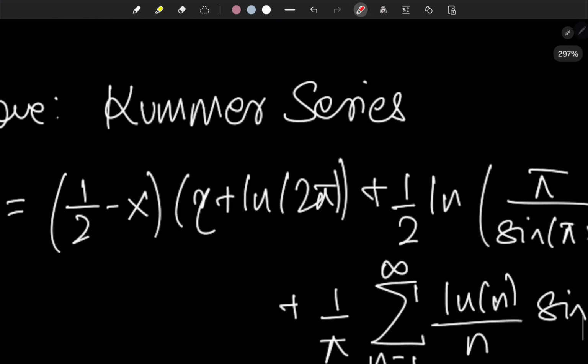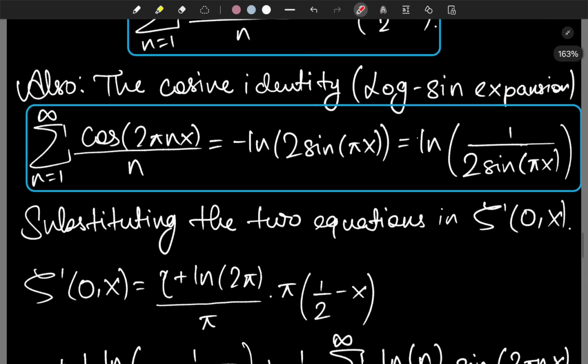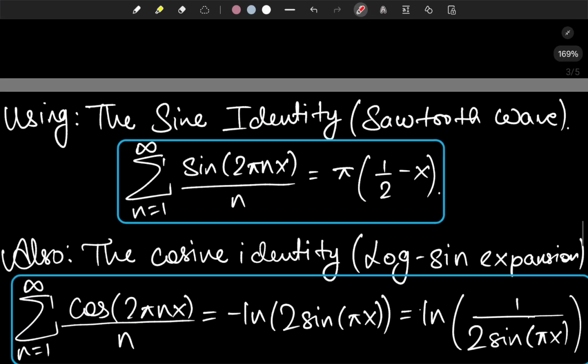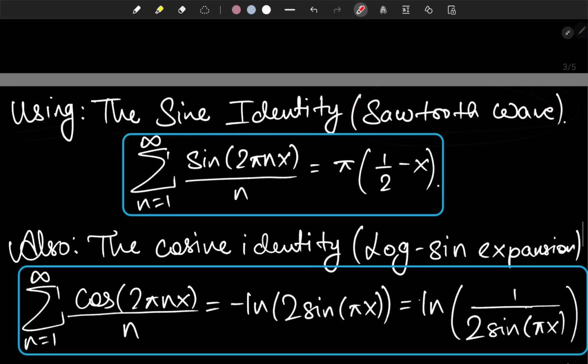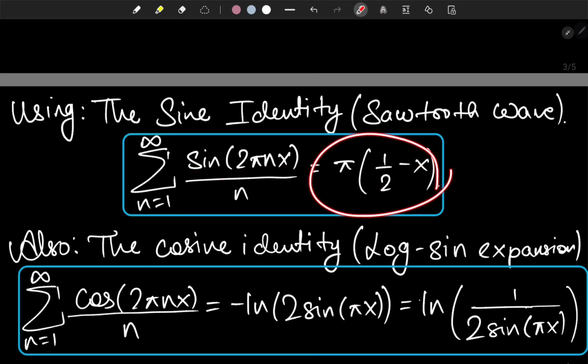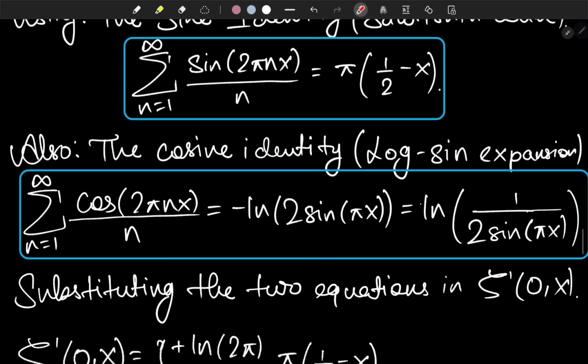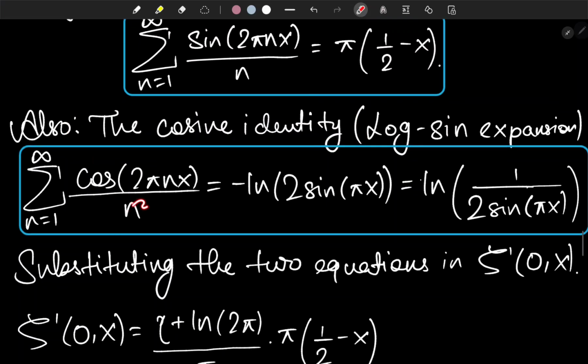I would request you to watch these three videos, because they are the prerequisites. Using the sine identity, often known as the sawtooth wave, the sum of sine of 2 pi nx over n is pi times 1 over 2 minus x. And for the cosine identity, we have the log sine expansion, you can say.